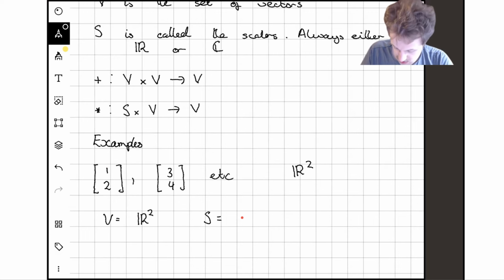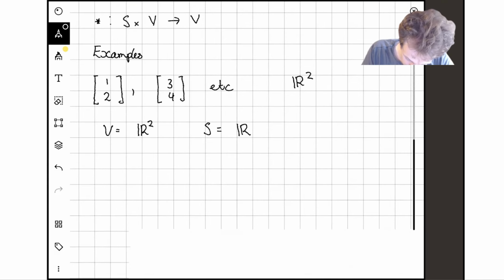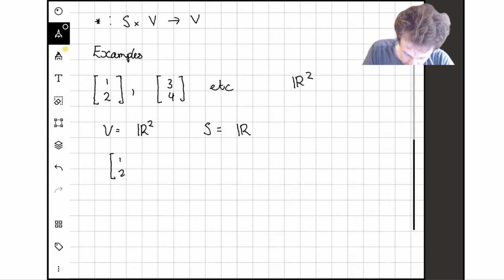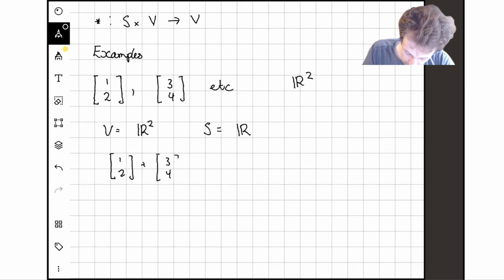S is just normal numbers, R. And addition works in the way you expect. So, 1, 2, plus 3, 4. You just add the 1 and the 3 to get 4, add the 2 and the 4 to get 6.